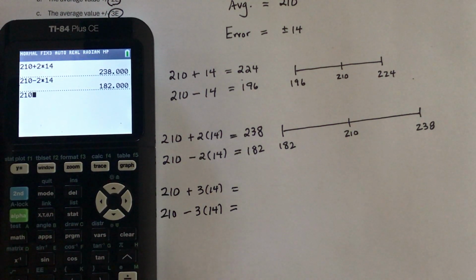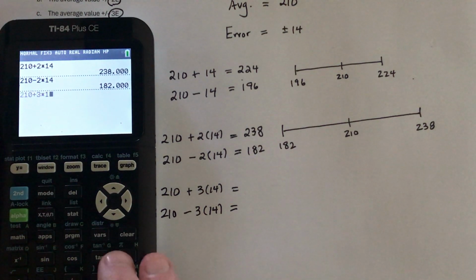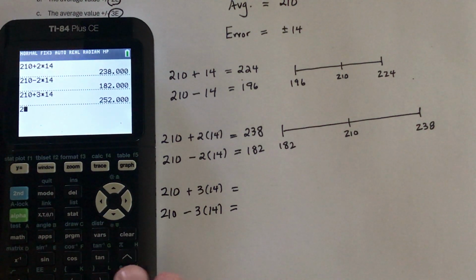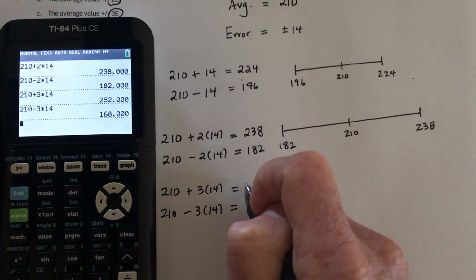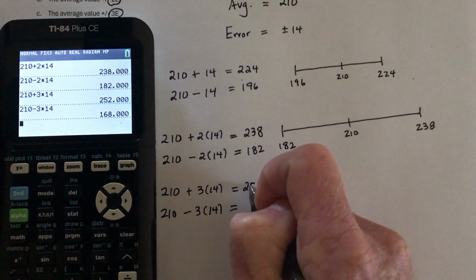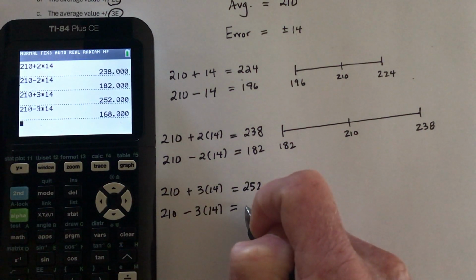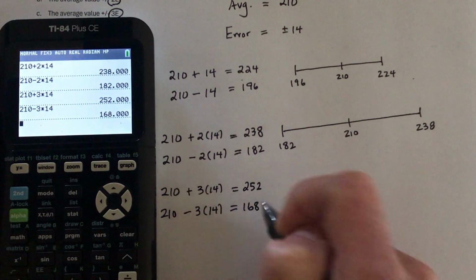So 210 plus 3 times 14, and then 210 minus 3 times 14. So now the bigger number is up to 252, and the smaller is down to 168.